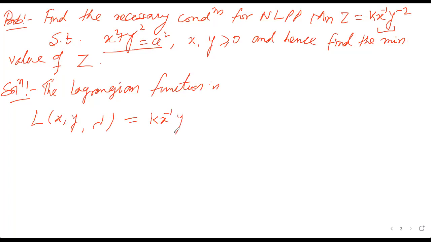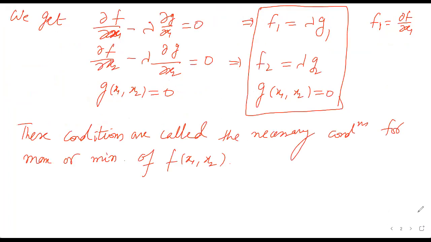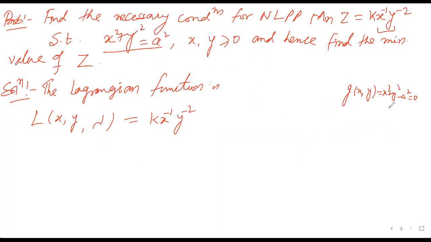K times x inverse y to the power minus 2 and minus, इसको g को देखो, इसे हम g लिख सकते हैं. तो अगर आप g लेंगे तो here you can write g(x, y) is x square plus y square minus a square is equal to 0 है ना, because in the standard form our g was g is equal to 0. So if some constant is there, you can take on left hand side. So L(x, y, lambda) will be what? K x inverse y to the power minus 2 है ना, and minus lambda g, x square plus y square minus a square.